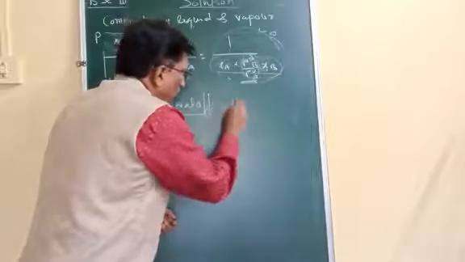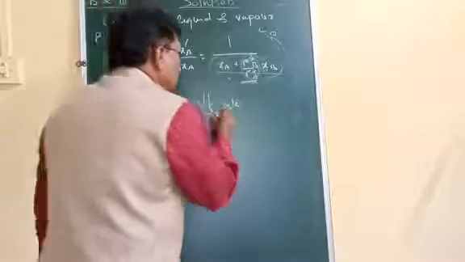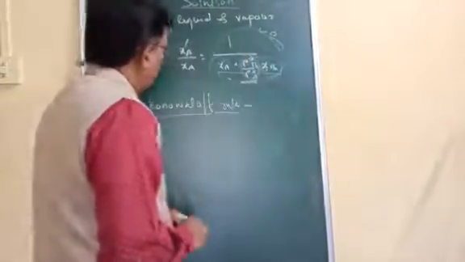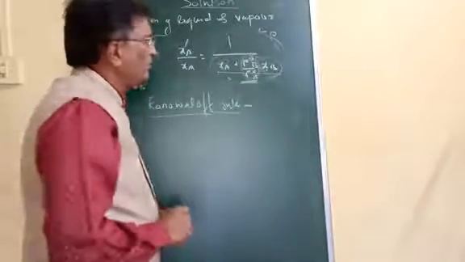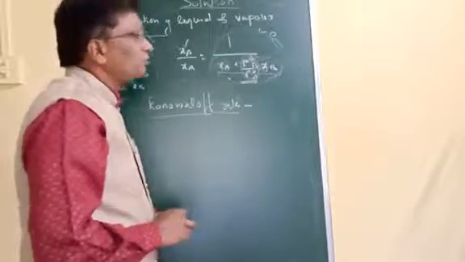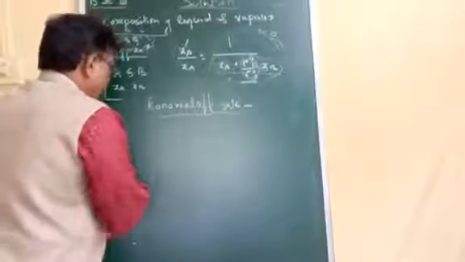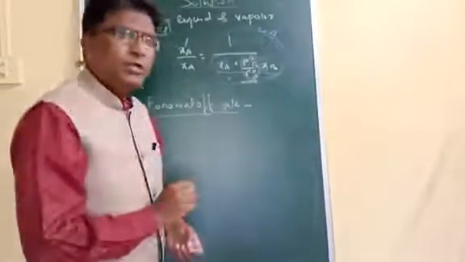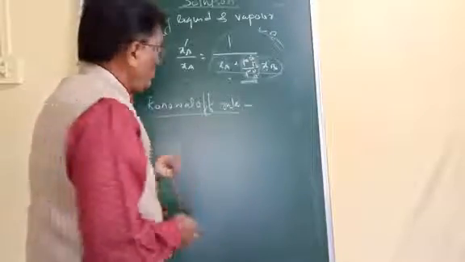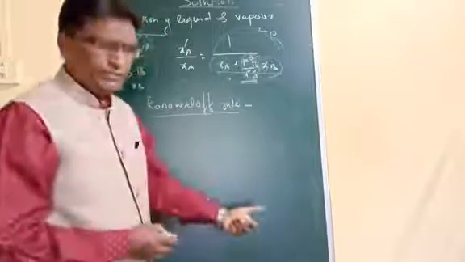Konovalov's rule. What is it? It states that if a solution behaves as an ideal solution, or if the solution obeys Raoult's law, then the composition of vapor possesses more proportion of the more volatile component than does the liquid phase.